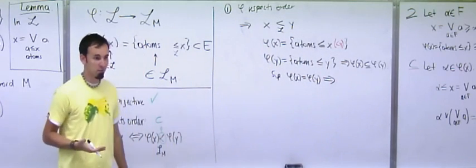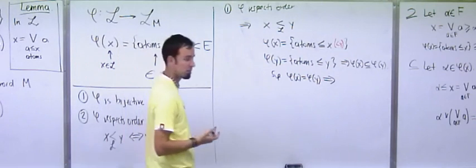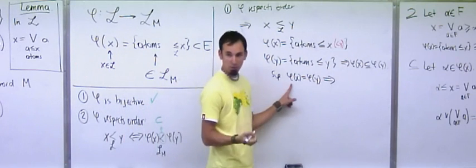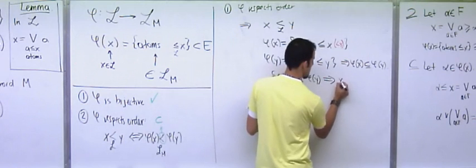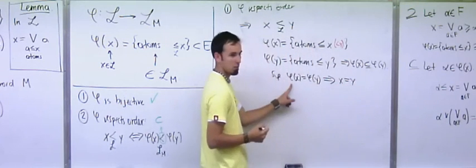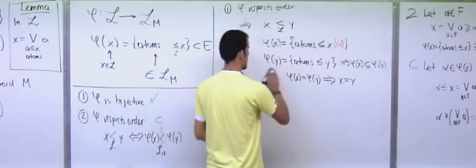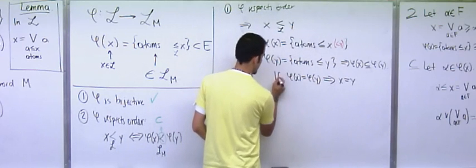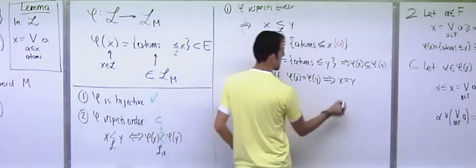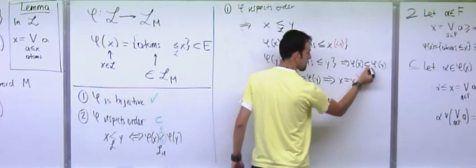Well, phi is bijective. So if phi of x is equal to phi of y, we proved phi is bijective, so x is equal to y, which is a contradiction because I assumed that x is less than y. So if phi of x were equal to phi of y, I would have x equals y, and therefore I cannot have equality here. So that's a strict containment.